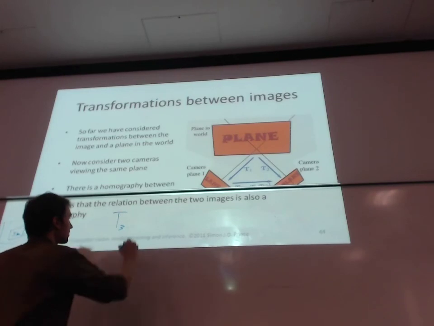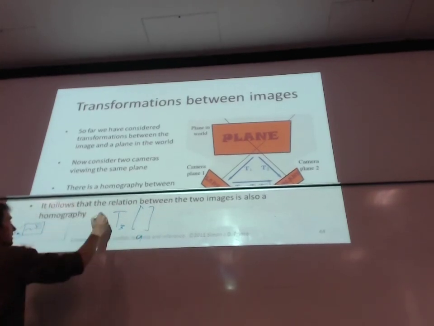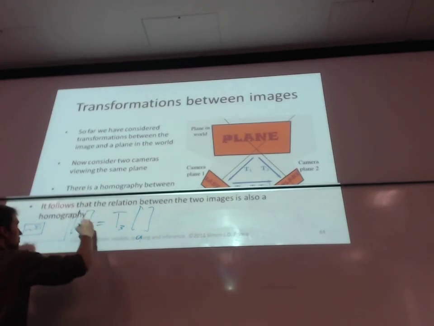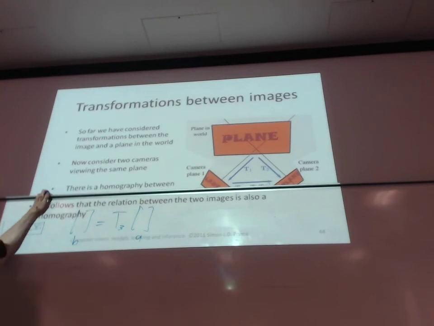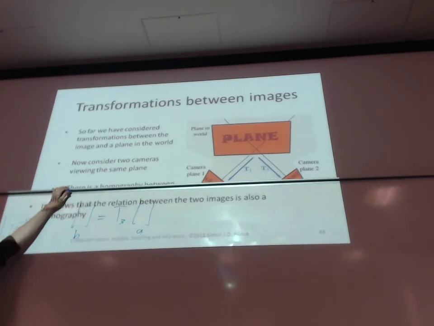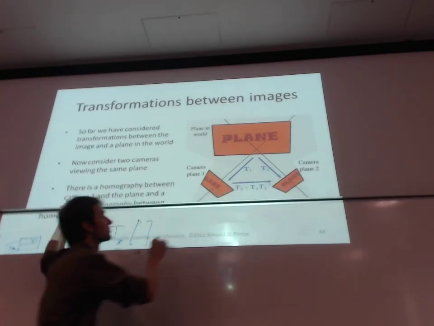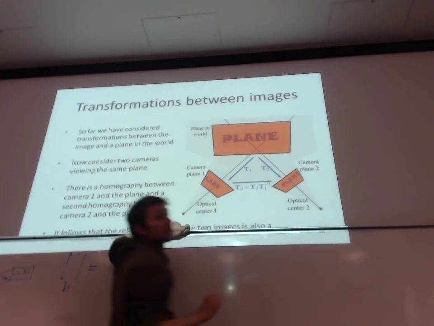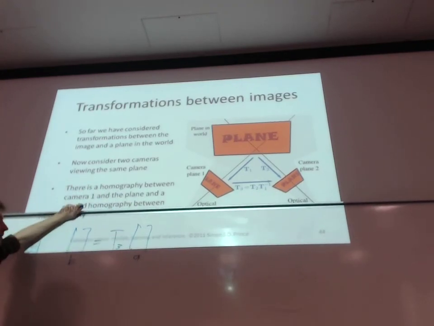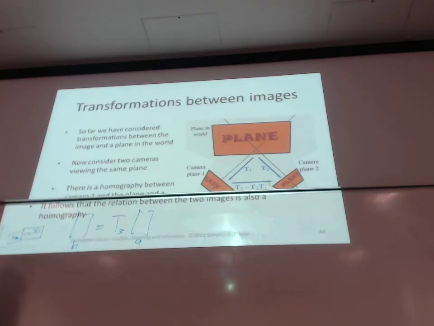I'm going to apply T3 to some coordinates, we'll call them A, and this is going to produce some coordinates B. Now, my question to you is, if T3 is written the way it is here, T2 times T1 inverted, which camera coordinates go in A and which camera coordinates go in B? Your choices are camera 1 and camera 2.